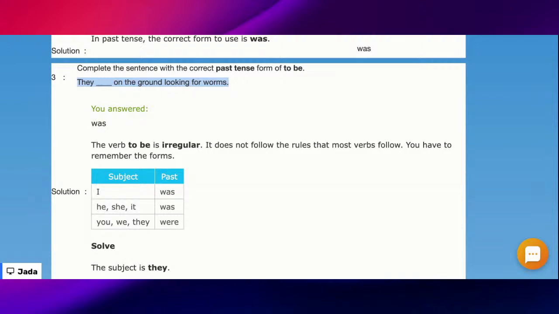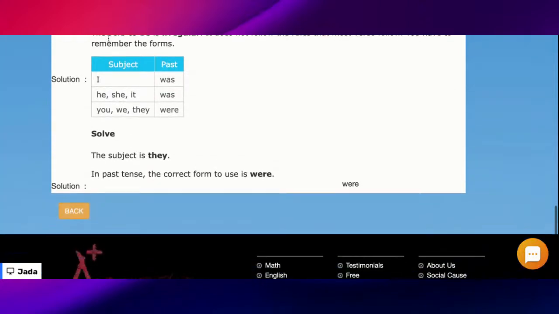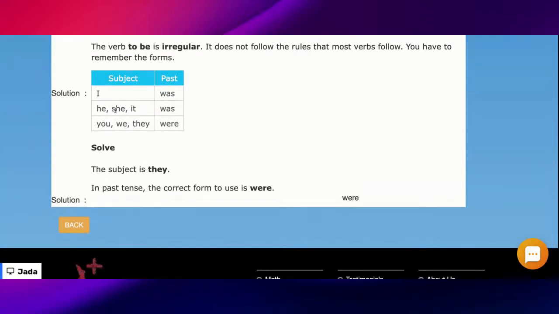Okay, so that's it. I want you guys to make a sentence with any of these subjects and the past and send it to me on the chat. Let's wait for your sentences.